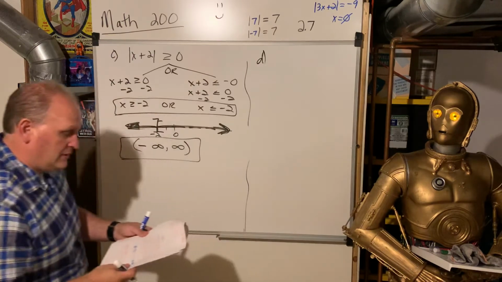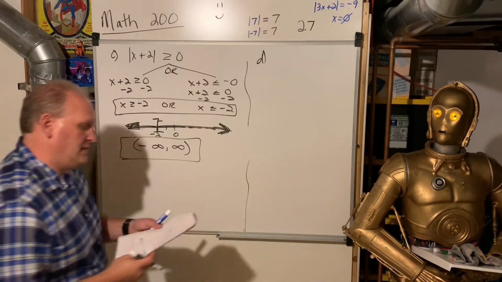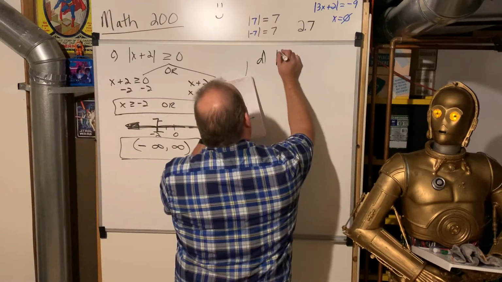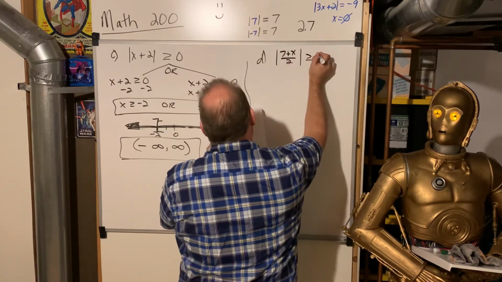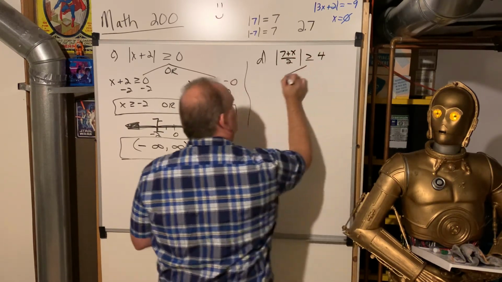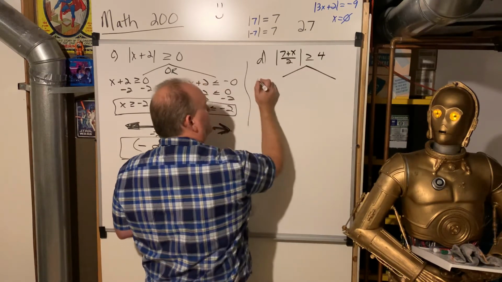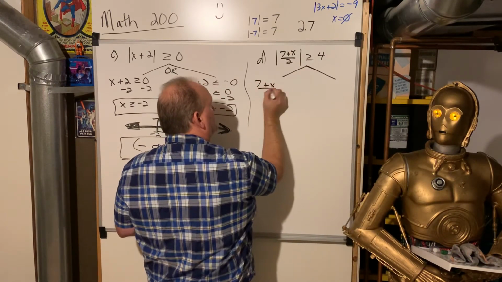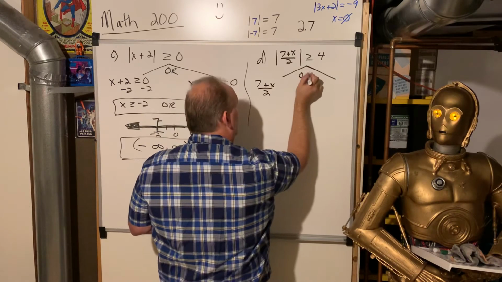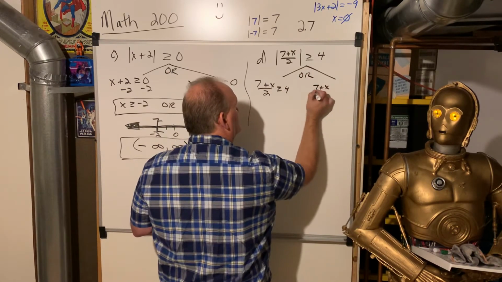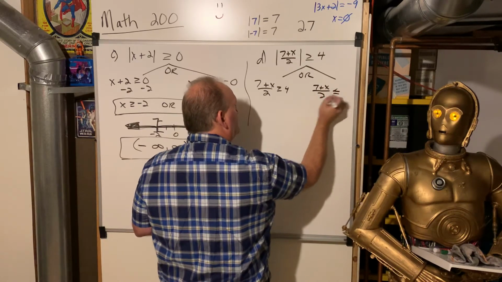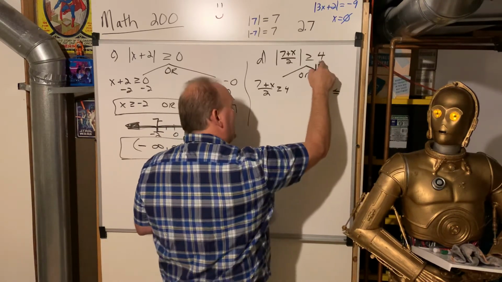So we've got the absolute value of 7 plus x over 2 is greater than or equal to 4. So we're going to split this into two inequalities. 7 plus x over 2 is greater than or equal to 4, or 7 plus x over 2 is less than or equal to, so we flip the sign, and we make it negative.